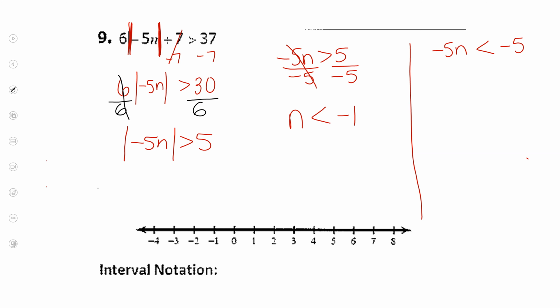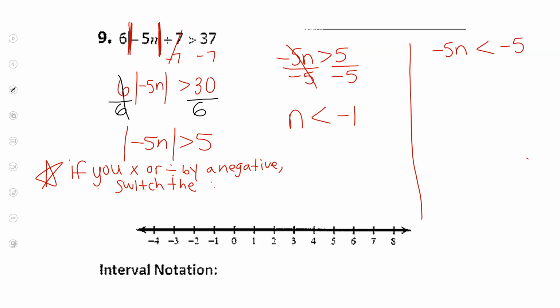Put a little star over here. If you multiply or divide by a negative, switch the sign. Please write that somewhere. So because we divided by a negative number, we switch the sign.